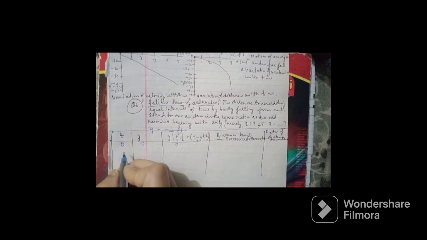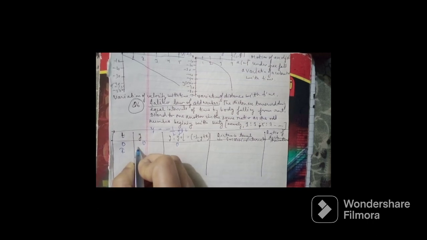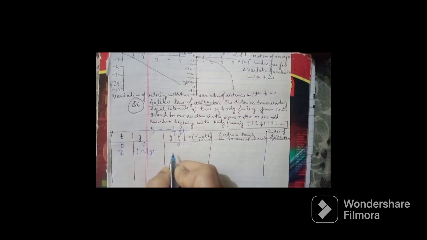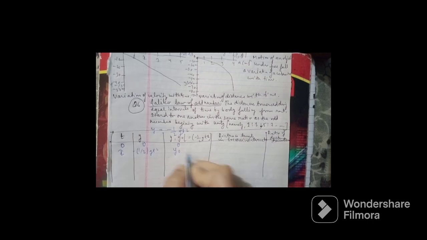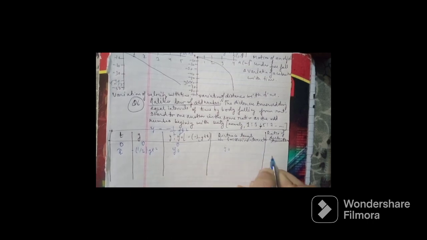Then this is tau, minus 1 by 2 g t square, this is y naught, 1.